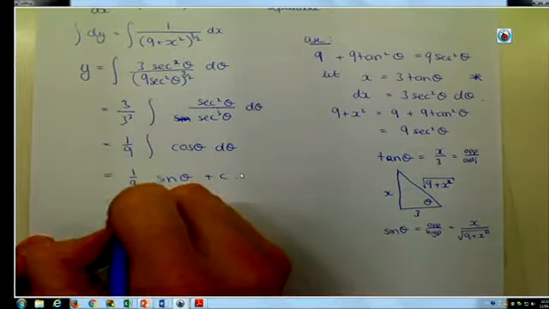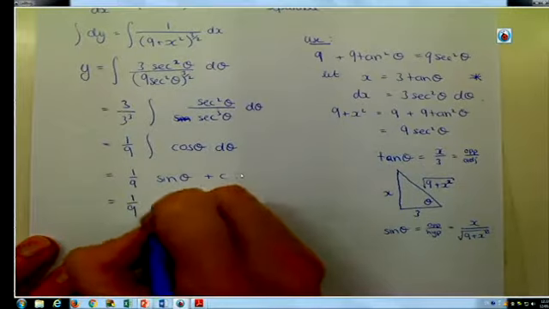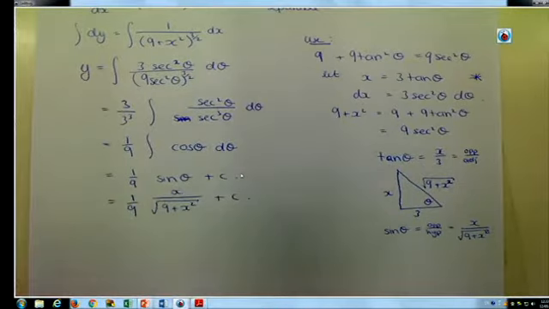That equals 1/9 times that, and that's your answer in terms of x, at least for the integration part. Does anyone want to ask any questions about that so far? No?